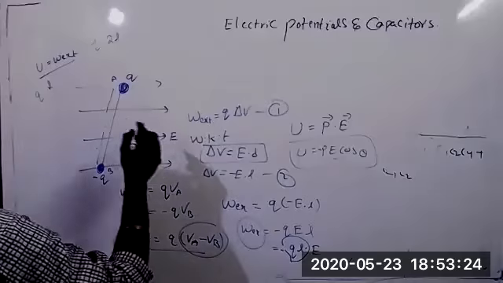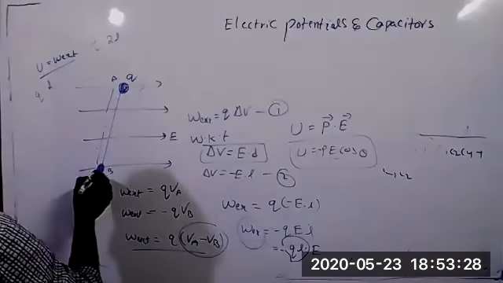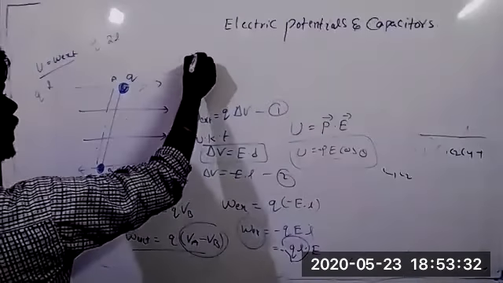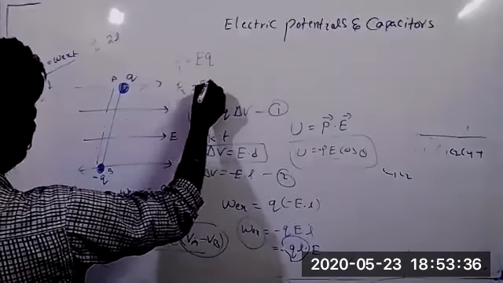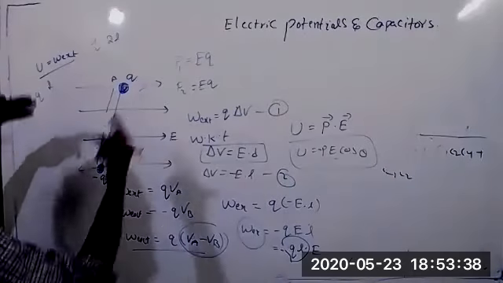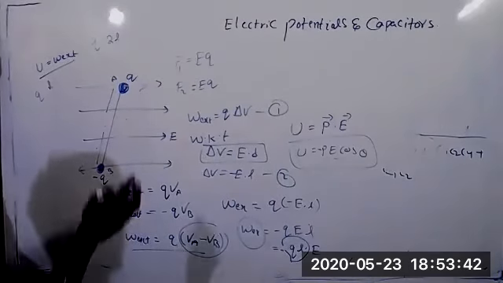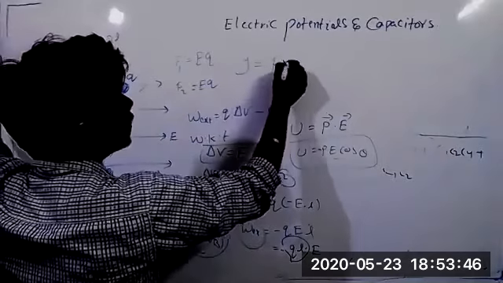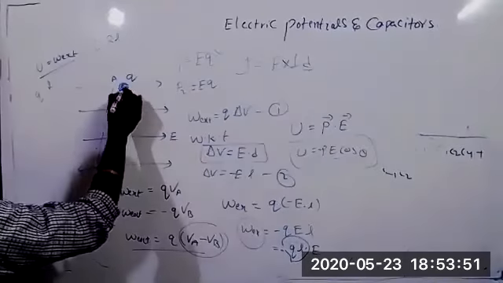Look at this. When you are calculating torque, on this charge a force will act. On this charge a force will act. So force equals EQ. Force 2 is also EQ. It is in the opposite direction, but the magnitude is the same. After calculating force, if you want to calculate torque, torque equals force into perpendicular distance. Force is this much. What is the perpendicular distance?